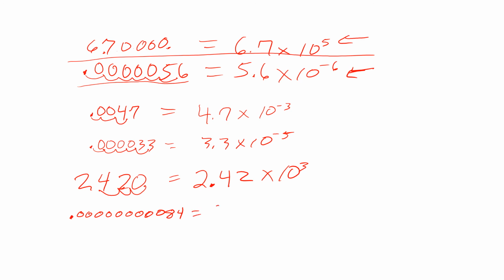I want one whole number in front of the decimal, so 8.4 times 10 to the, and I had to move it 10 places to the right. 9 zeros and one more place, that's 10 places, and that's a negative direction.